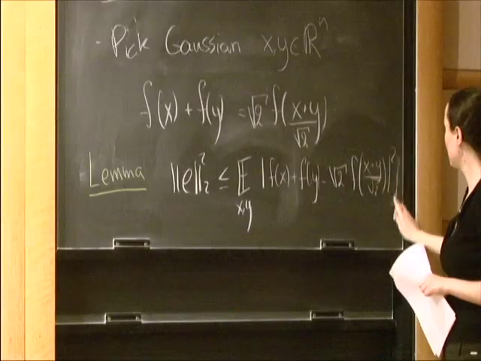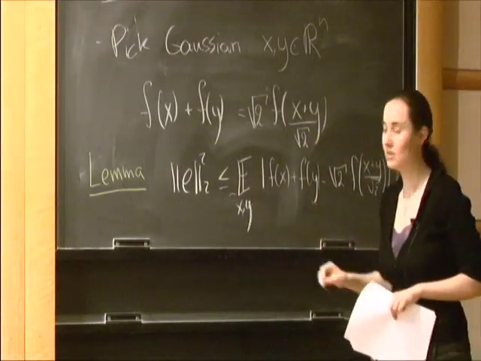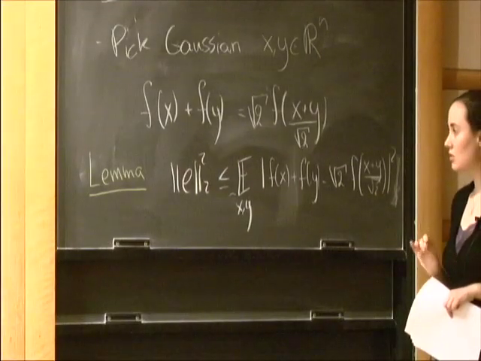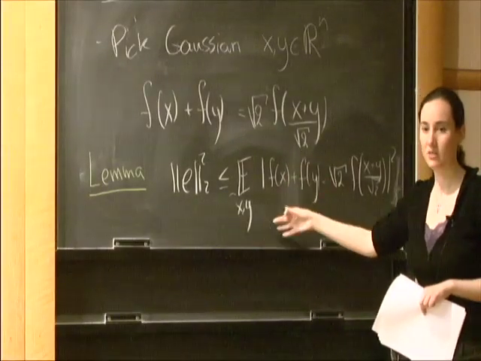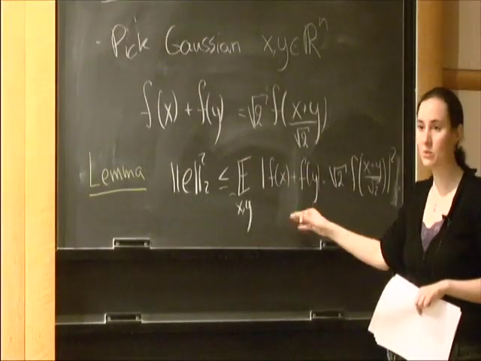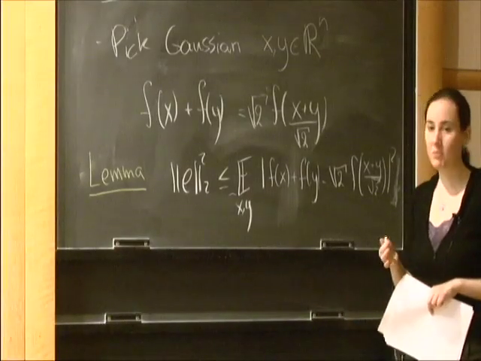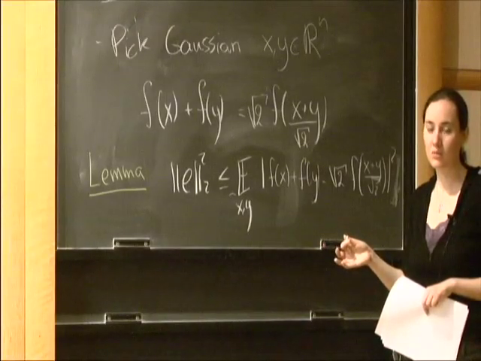There is some constant. It's not the same proof. It's via Hermite analysis, which corresponds completely to Fourier analysis over Gaussian space. But you're in the unique decoding regime.